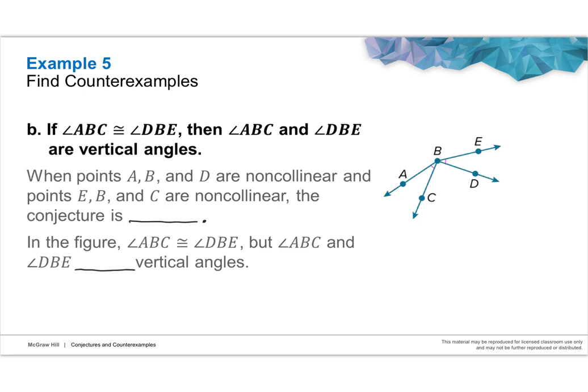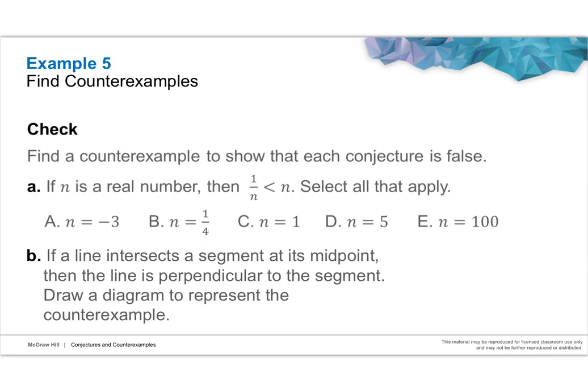So it says when points A, B, and D are non-collinear and points E, B, and C are non-collinear, the conjecture is false. And so in the figure itself, we have the angles congruent, but they are not vertical angles. You can see the counterexample here comes in the form of a diagram.